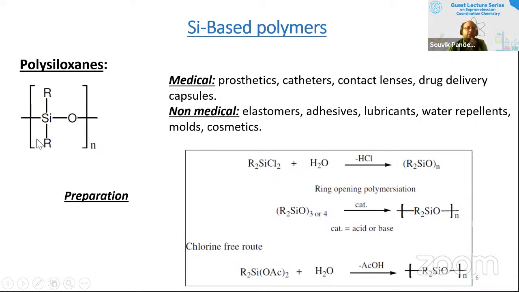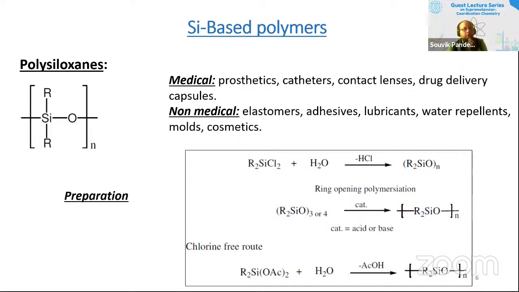And this is possible by changing these R groups. Whatever R I am writing here, there are a lot of other possibilities. You can introduce a lot of different R groups, some metal, and you can also introduce some chiral material, and then you can get a lot of different properties out of this simple polymer.